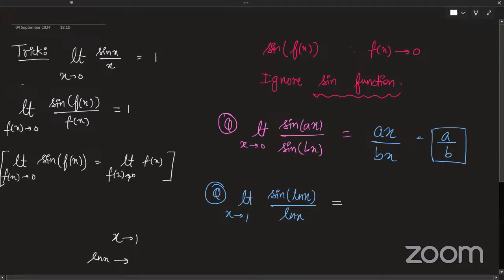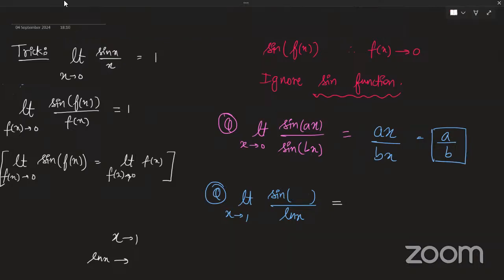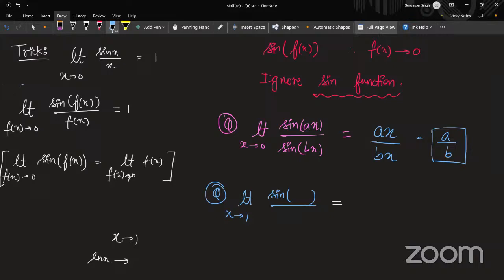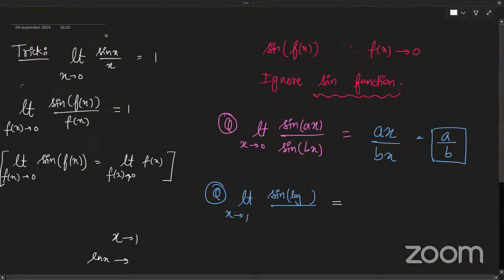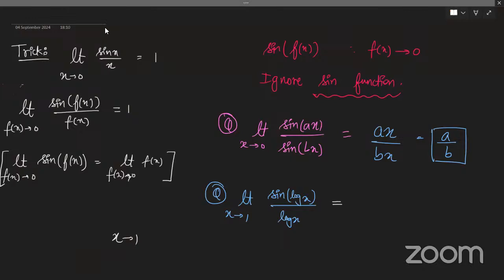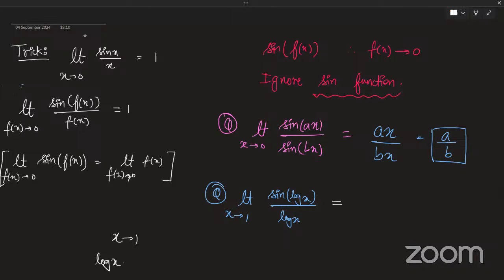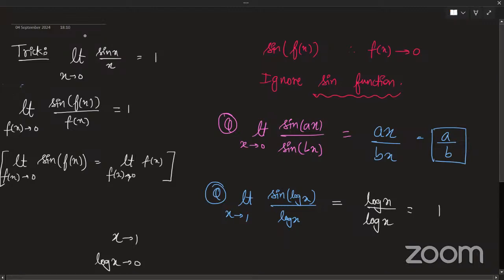Ln means log x. No issues if you didn't know, but I guess you should have known this. If my x is tending to 1, where is my log x tending to? 0. Yes, obviously, because log of 1 is 0, right? So this is tending to 0. I can just remove my sine, so it turns out to be log x by log x. So 1. Fine, everyone? Got this?